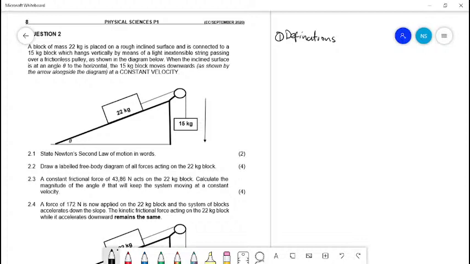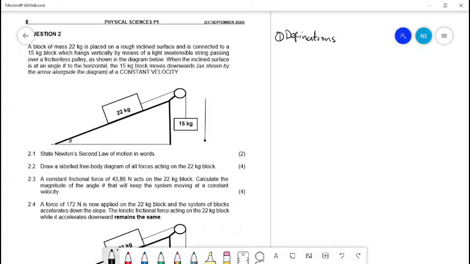You need to be able to state Newton's first law of motion, Newton's second law, Newton's third law, and Newton's law of universal gravitation. So we know that in your exam or your test, the examiner is likely to ask you to define one of the four laws, right?